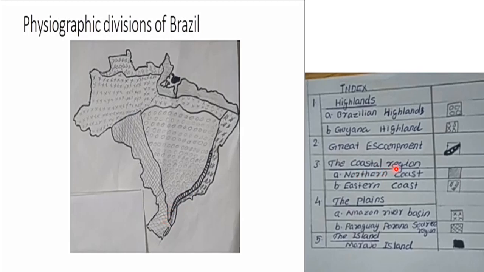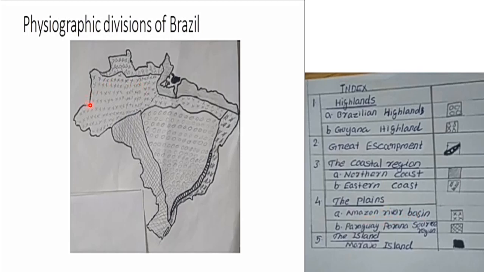Then we have the coastal region, the northern coast, which I have marked with pencil shading. The eastern coast, marked with stars, is a long coast at the east part of Brazil. Then we have plains, the Amazon River Basin.